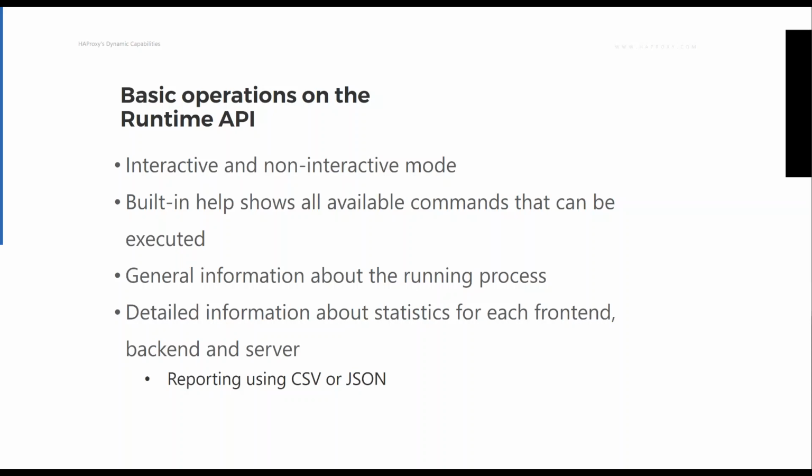Then there's a lot more information available from the statistics for each frontend and backend server. You can get information per server: how many sessions are currently active on the server, how many sessions per second it is getting, how many bytes of data it has sent, and how many bytes of data it has received. Each and every one of those statistics and much more is available for each server, grouped for each backend and for each frontend.